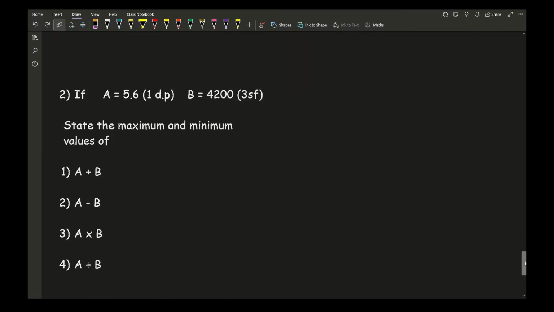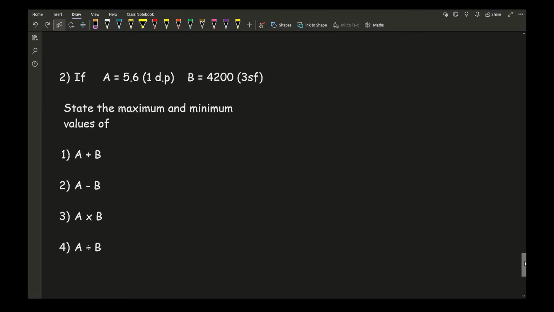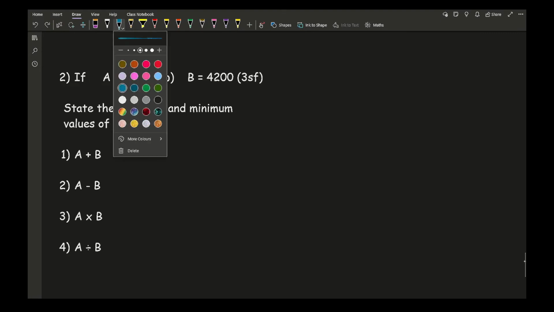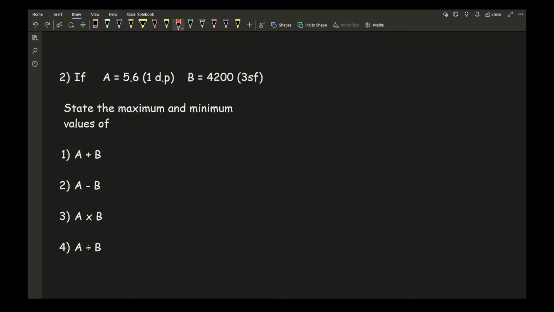Looking at this particular question, it says that A equals 5.6 and it's been rounded to 1 decimal place, and B is 4,200 and that's been rounded to 3 significant figures. State the maximum and minimum values of A plus B. So looking at A, the minimum value that A could be, well, it's been rounded to 1 decimal place, that's 0.1.